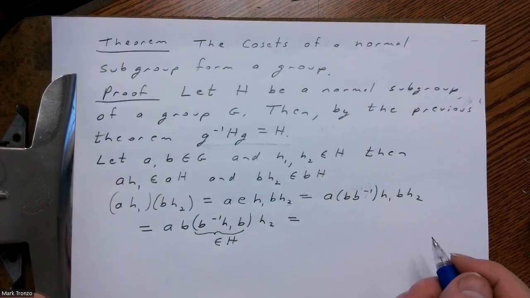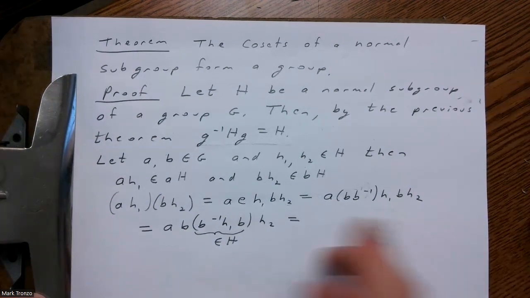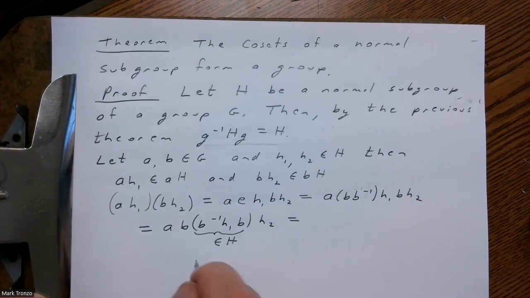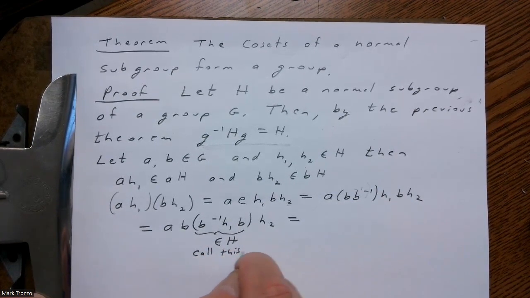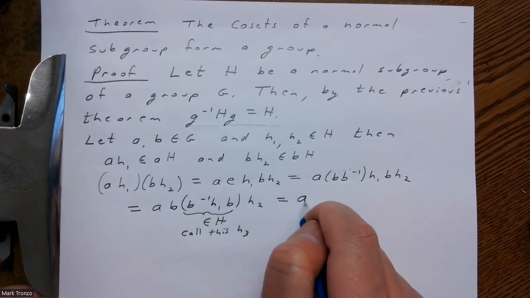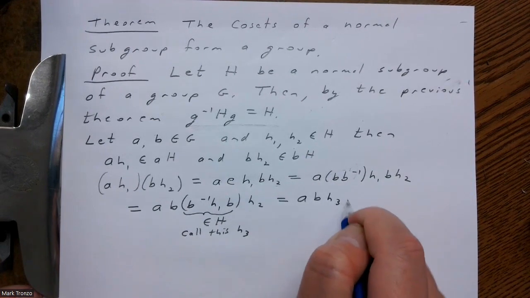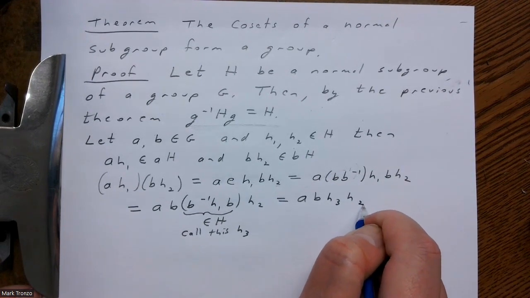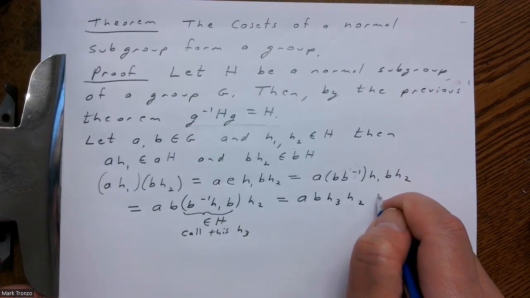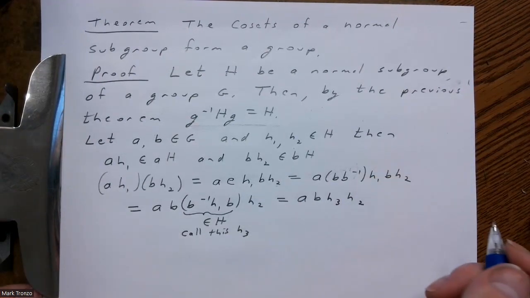Then this is going to be equal to, let me give this a name now. Let's call this H3. So it's going to be some H3 in H. So AB, H3, H2, like this. And then this is going to be equal to, now, let me first say this.